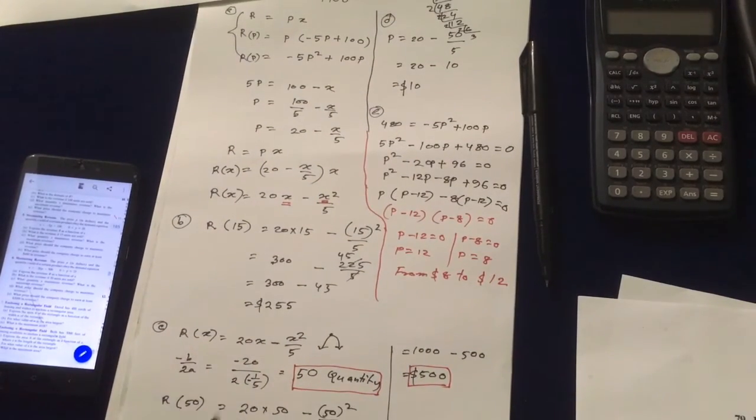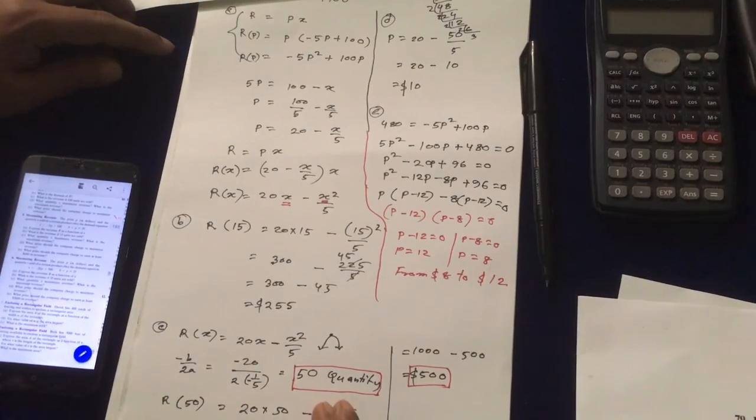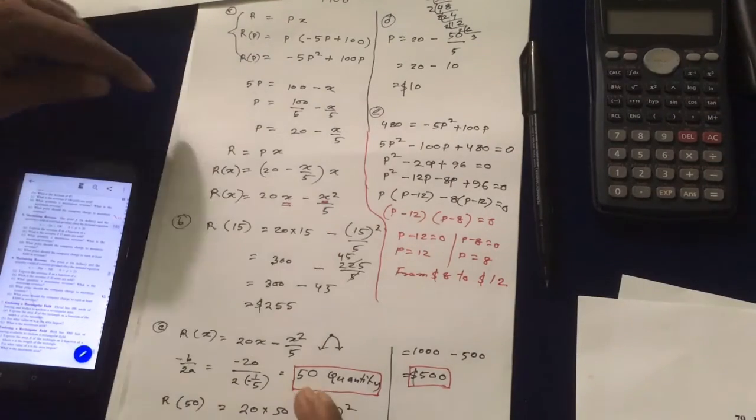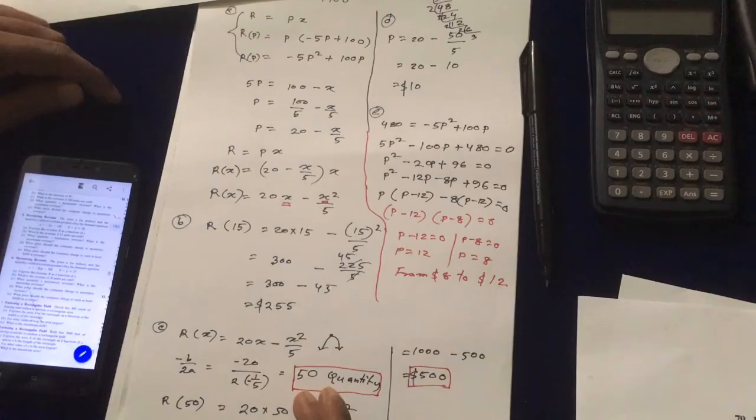Then the next question is about maximizing. The question is what price should the company charge to maximize the revenue? Oh, that's another thing. Part c is what quantity x maximizes the revenue.